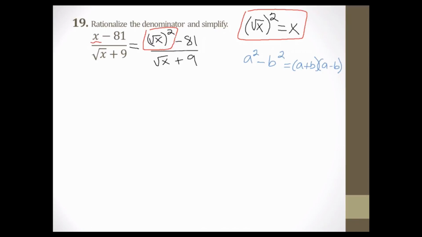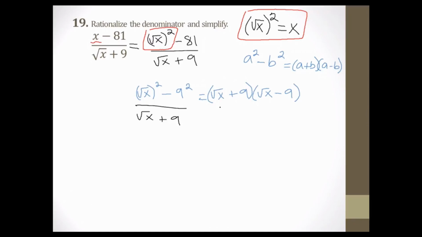So if I do that up here, that's the square root of x squared minus 9 squared. I can use my factor pattern and say that's the square root of x plus 9 times the square root of x minus 9. And then I'm just going to rewrite my original denominator, which was the square root of x plus 9.